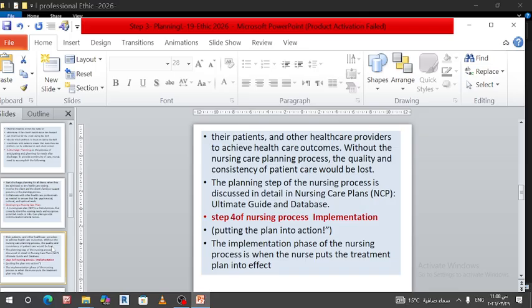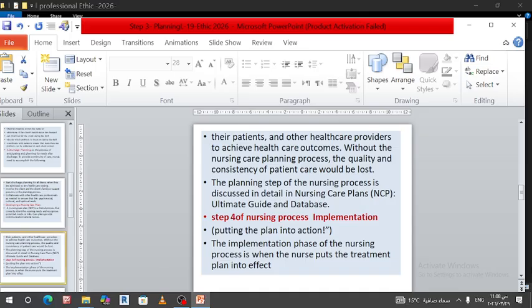It is implementation, all nursing action. Put the plan into action. The nursing care plan is put into action. The implementation phase of the nursing process is when the nurse puts the treatment plan into effect.